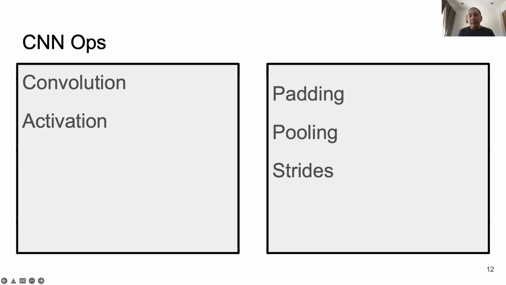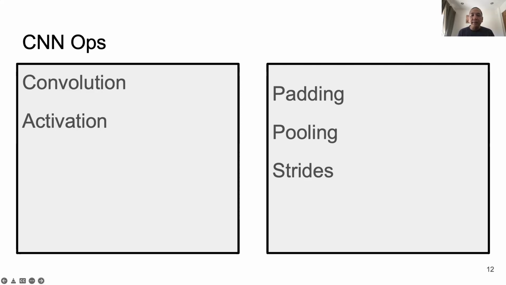Similar to MLPs, CNNs use additional operators and configurations to achieve better performance. We also use activation with the same purpose as in MLP. However, there are certain operations that are mainly applicable to convolution operations, such as padding, pooling, and strides.